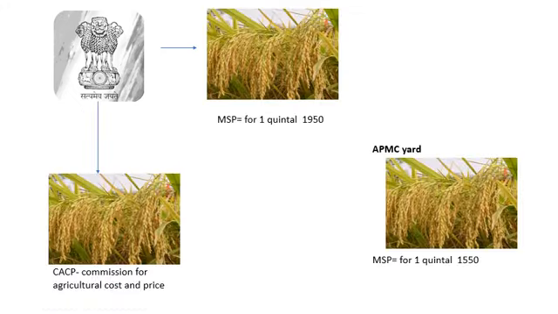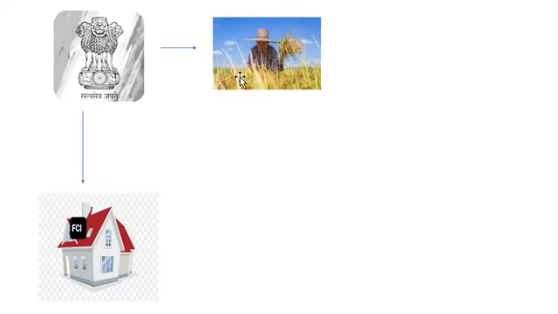And if you see this process, for example, how the MSP works. First, the government of India sets a price, that is through the CACP, the Commission for Agricultural Costs and Prices. It sets a price for MSP. That is, let us say for one year, if the MSP for rice is 1950, then FCI gives the farmers 1950.